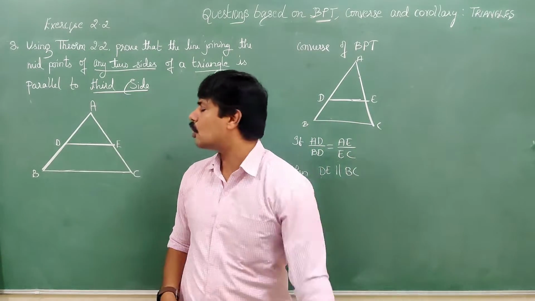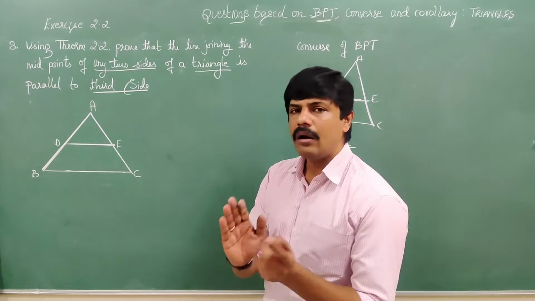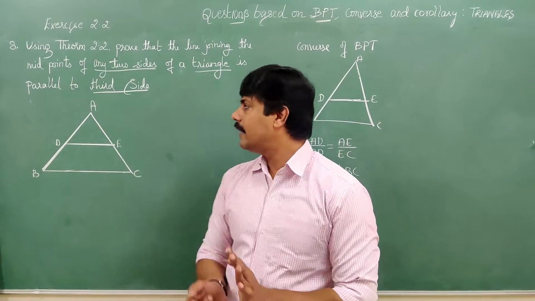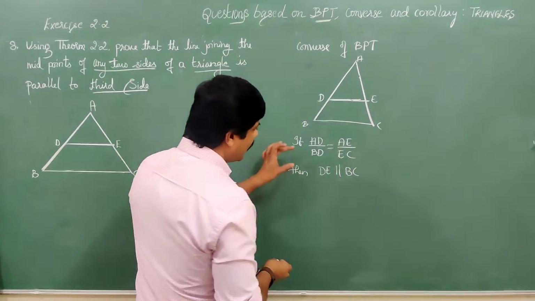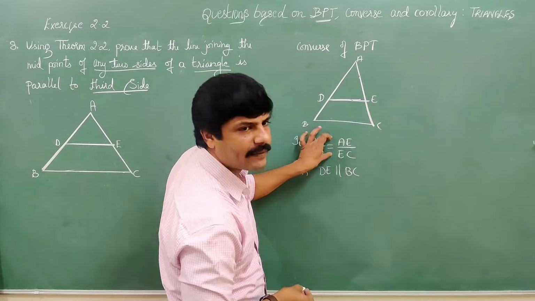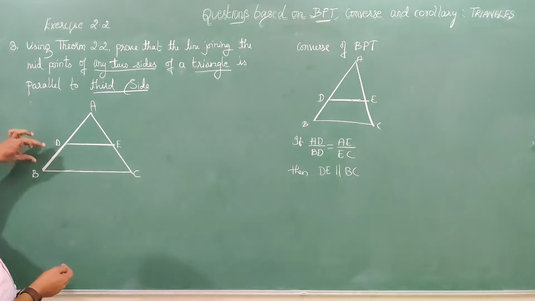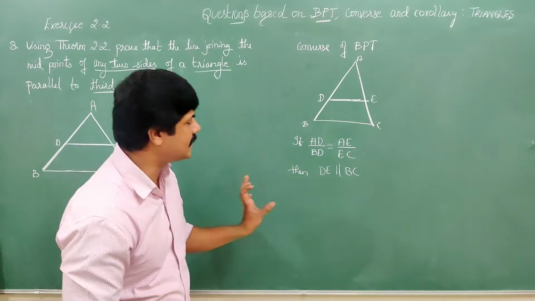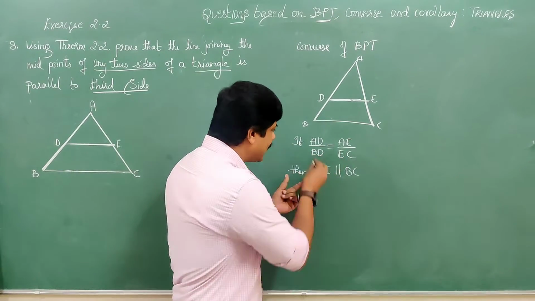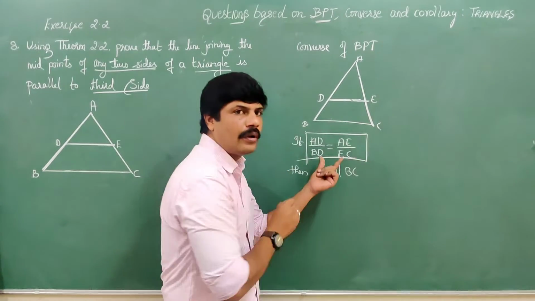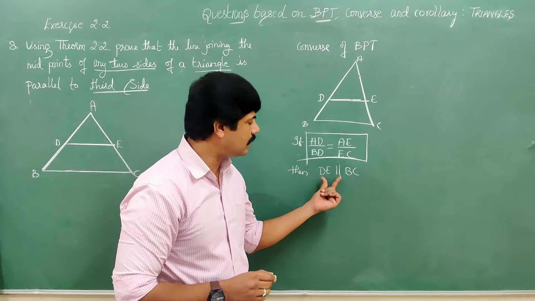Understand? Very importantly, all we have to do is prove AD by BD is equal to AE by EC. If we prove this particular fact, then it is confirmed that what?